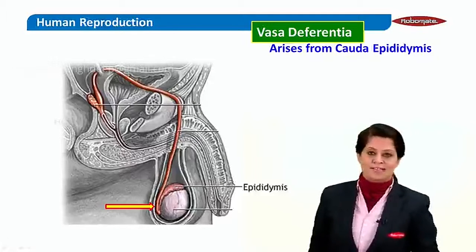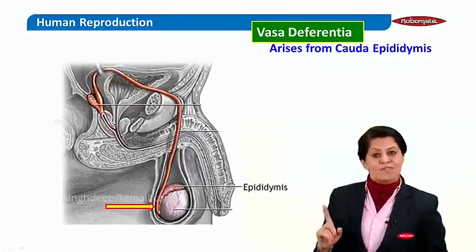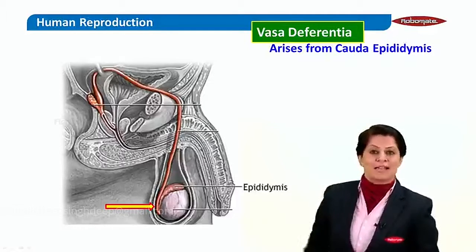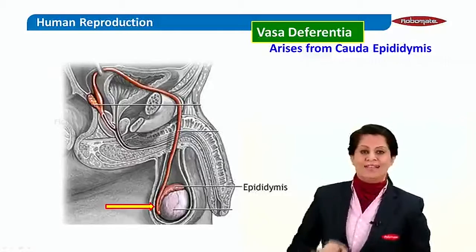So vas deferens arises from cauda epididymis, and then you can see, students, it's rising up in the abdominal cavity, but there is a canal through which it will pass. What is this canal called as? Inguinal canal.